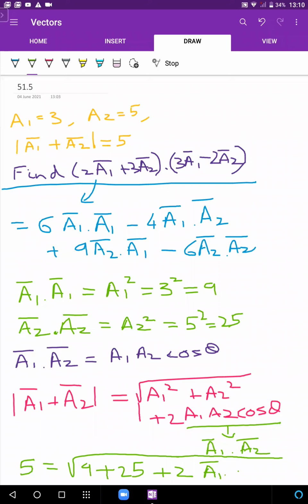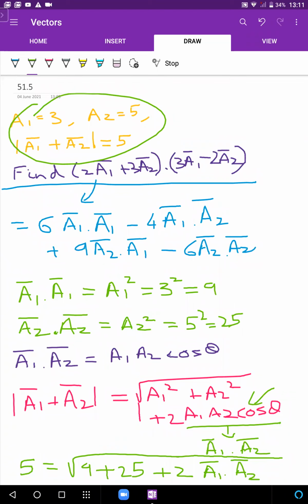A1 bar dot A2 bar. All right, so you might not have realized this then, but you can see it now. Your resultant formula actually has the dot product as a term in it. So if you are given these quantities, please remember that from here you can find the dot product result. This formula actually has dot product in it.